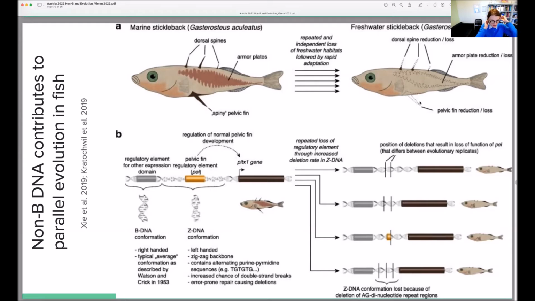And this paper goes in a lot of detail. The paper by Shi and colleagues from 2019 goes into a lot of detail about how this is achieved at the molecular level. There is a gene called PITX1 that is important for normal pelvic fin development.